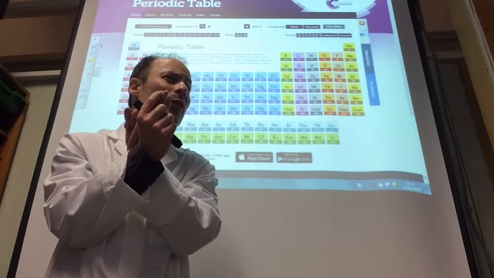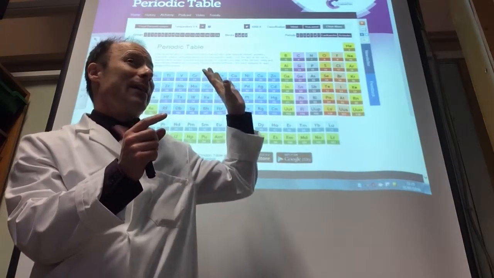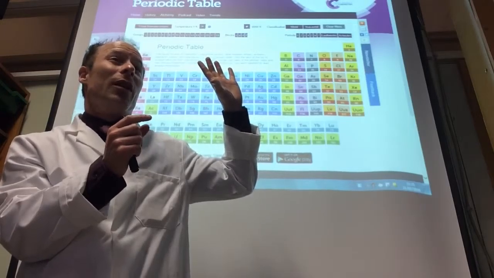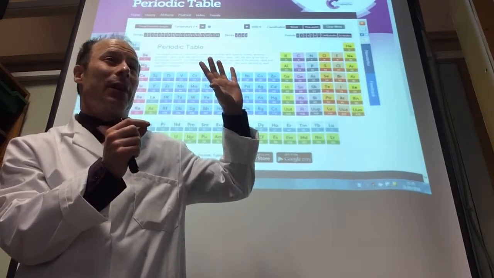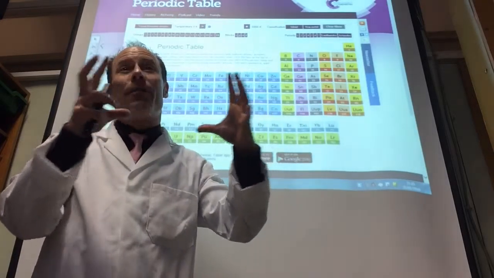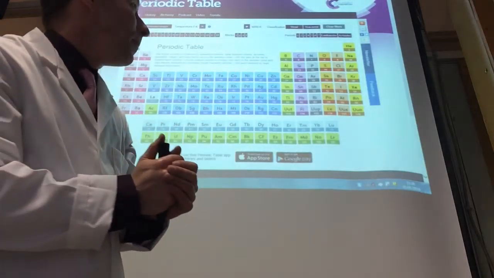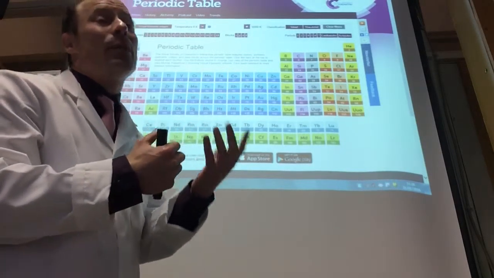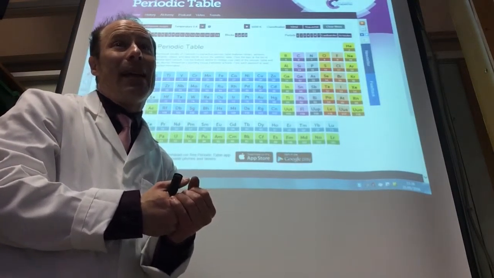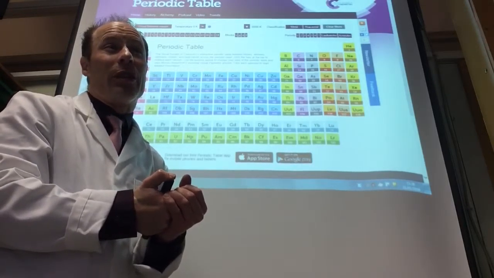Neutrons. For the number of neutrons, I need to tell you something which you can't find out from the periodic table. And I need to tell you a number called its mass number. An atom's mass number is the number of protons plus the number of neutrons. So if I was to tell you, I've got an atom of carbon and its mass number is 13, how many neutrons has it got?